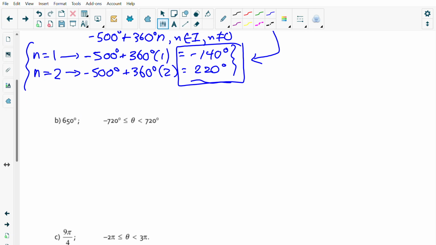Next one, 650 degrees. 650 degrees plus 360 degrees times n. N is an element of integers. N does not equal 0. Okay, this one has a bunch of them.